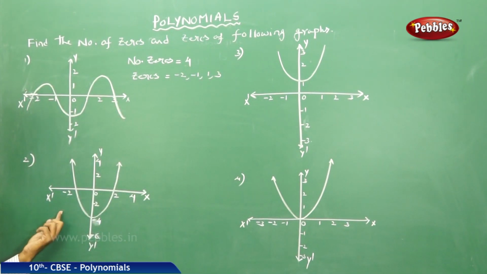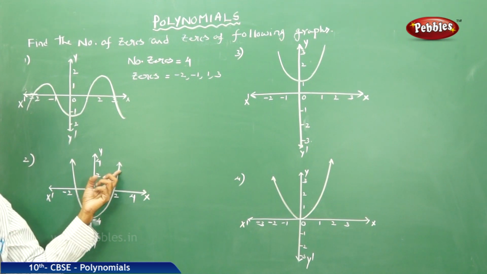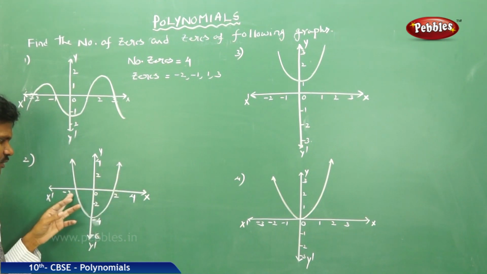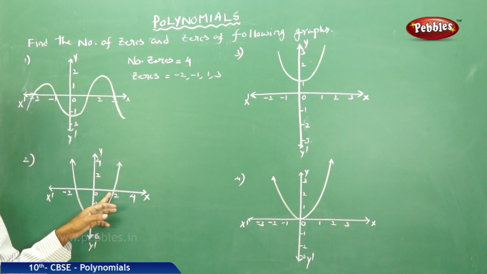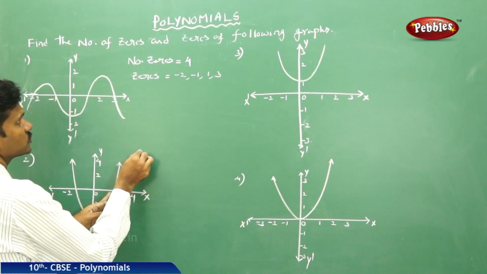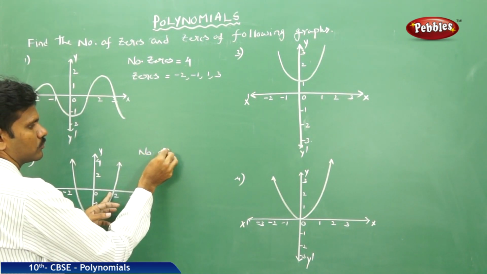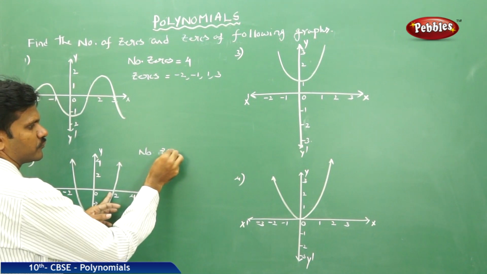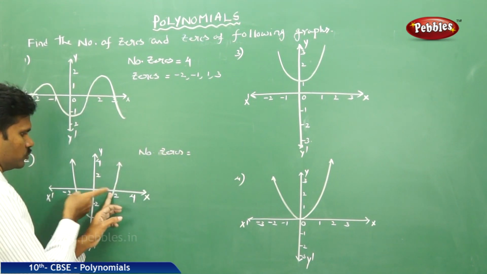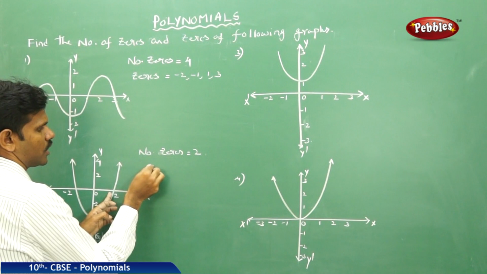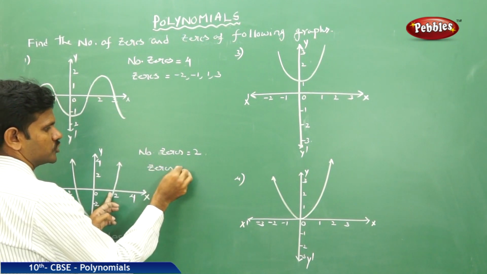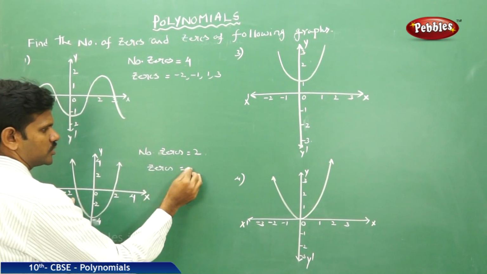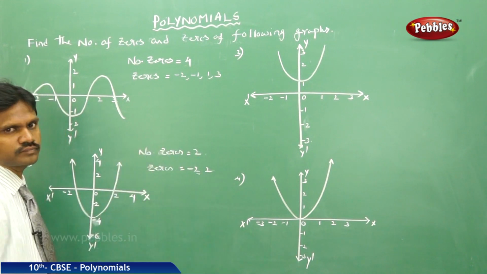Next, come to example 2. The graph touches the x-axis at two distinct points, that is, number of zeros is equal to 2, and zeros are -2, 2.